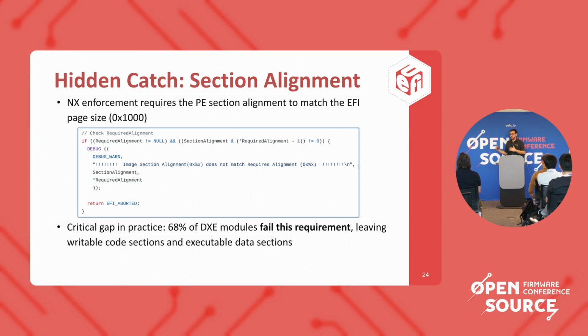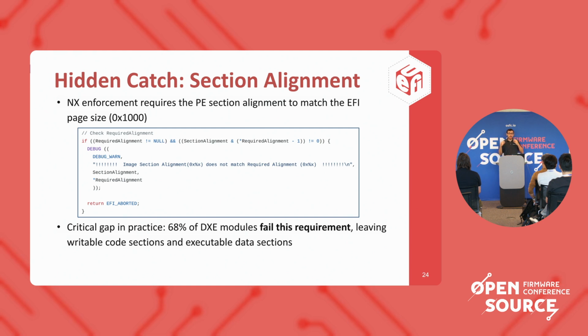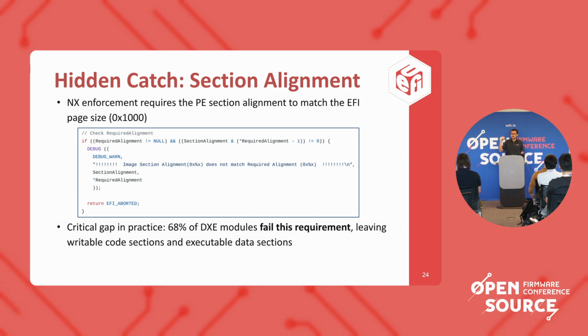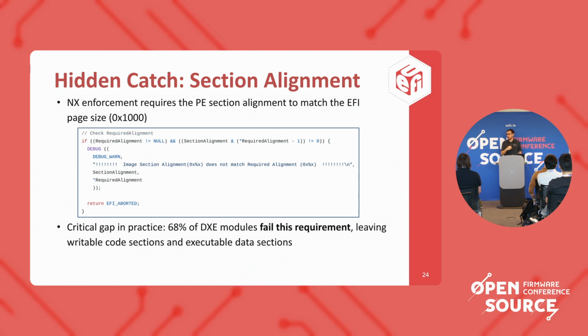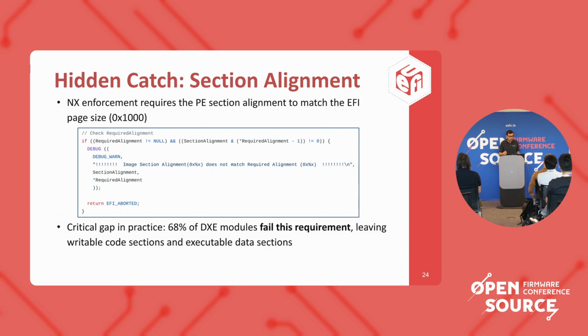If this is any other value, NX is not going to be applied, even if the PCDs were correctly set. And this is a problem, right? It shows a critical gap in practice. We found that 70% of the modules didn't have this specific section alignment in their PE header, and so they were not going to be protected even though all the PCDs were correctly set.